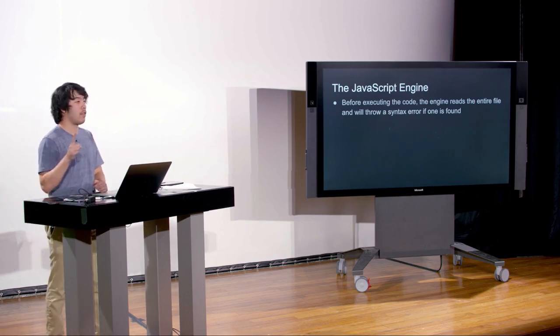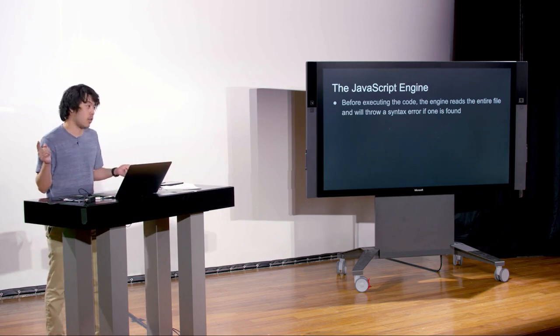Well, 1, it's looking for anything wrong with the file. Say, like my very first example, when I had an array and it was missing a comma, that's something that's caught in that first reading. It says, hey, this looks like an array, but it's not quite right. I'm expecting a comma here. And so that's one thing that's caught.